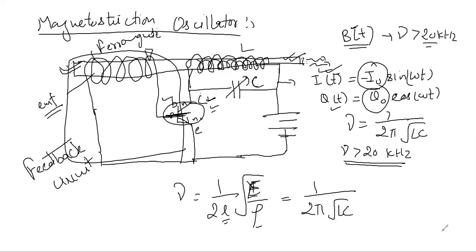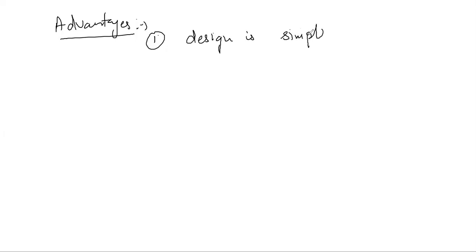Now, if you talk about the advantages and disadvantages of this, its design is simple, because remember, in the case of the piezoelectric oscillator, the quartz crystal has to be cut along a specific direction, which becomes quite complex.